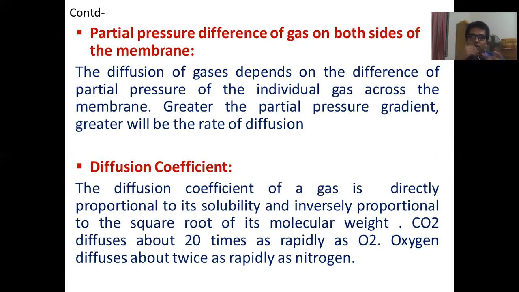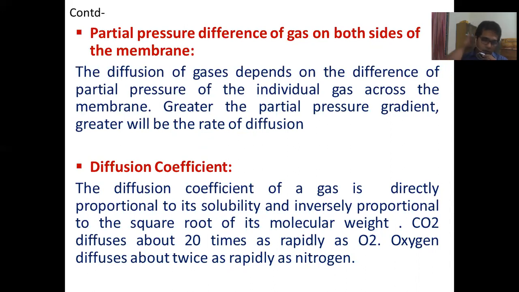If the gas is more lipid soluble, the diffusion coefficient will be higher, and so will the rate of diffusion. But it is inversely proportional to the square root of molecular weight. That means if the molecular weight becomes larger, that will decrease the diffusion coefficient and finally decrease the rate of diffusion.